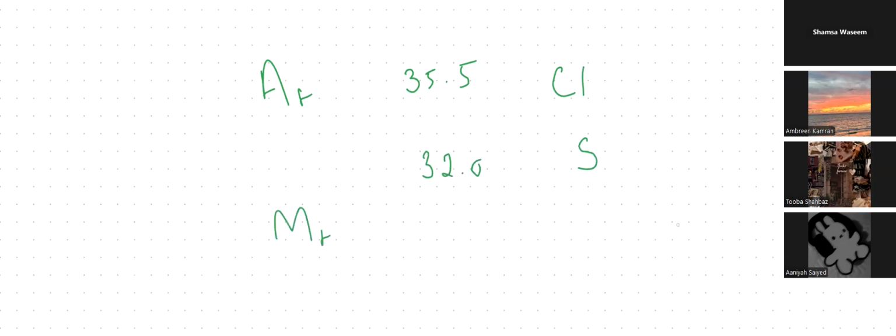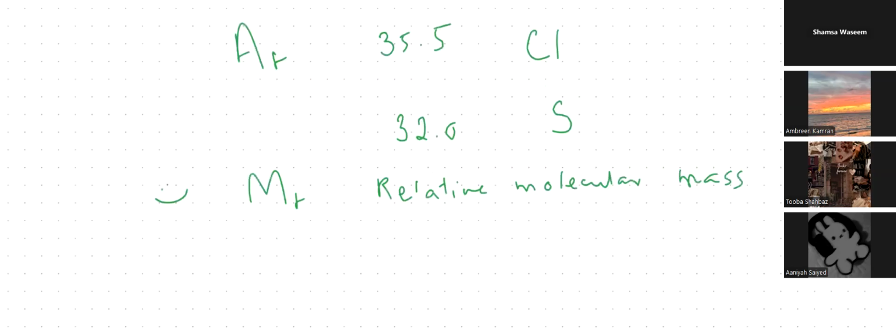What is MR? Relative molecular mass. Very good. So relative molecular mass, right? Great. How are you going to define a relative molecular mass? Or how are you going to calculate it? Now see, BT, if you're going to talk about an element, we're just going to talk about the relative atomic masses, right?